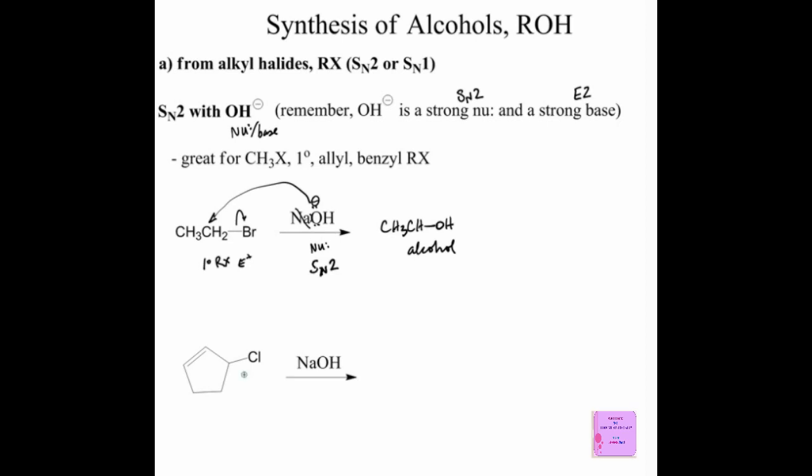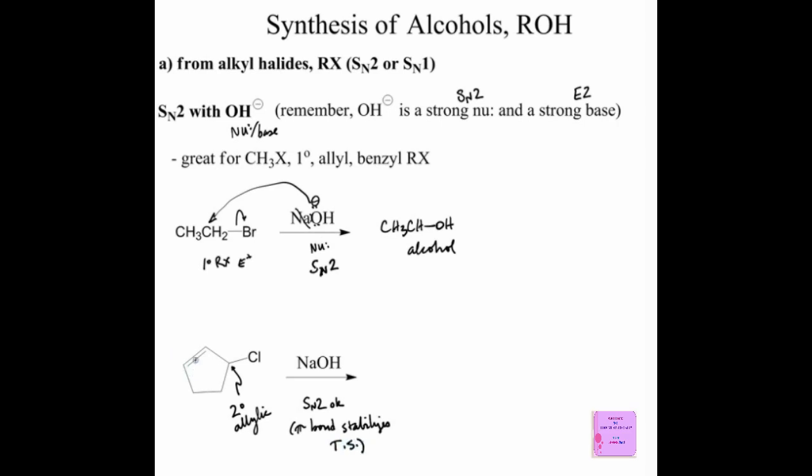Okay, this one is a little trickier because if we look at this carbon, it's now secondary, so it has some steric hindrance. But because it is allylic, this is something that makes the SN2 not so bad, and so that's something that would make this possible. And the reason SN2 is okay here is because the pi bond stabilizes the transition state of the SN2.